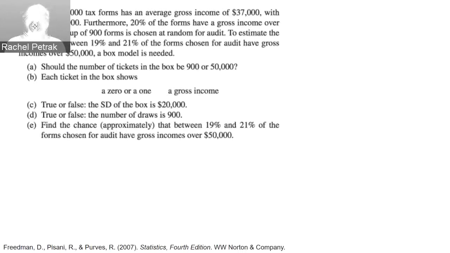To estimate the chance that between 19% and 21% of the forms chosen for audit have gross incomes over $50,000, a box model is needed. Let's consider these questions, and how about you try to make some guesses at the answers. So first, let's consider A. Should the number of the tickets in the box be 900 or 50,000?